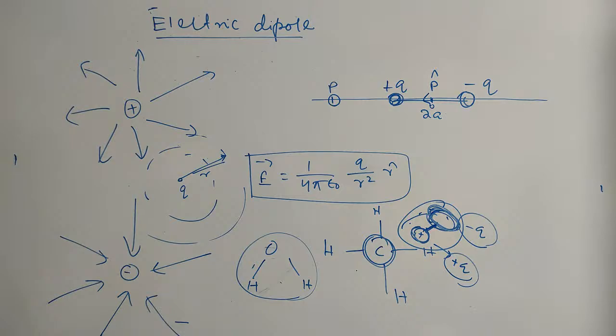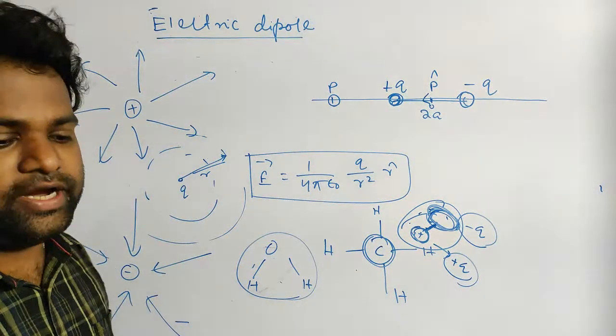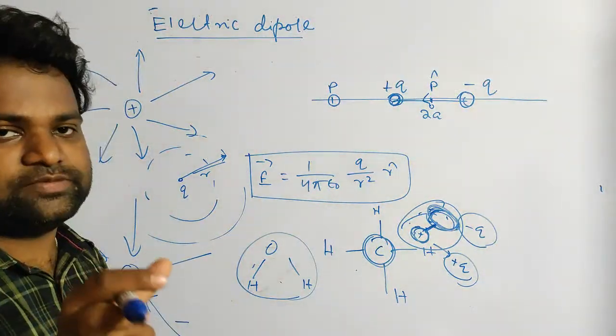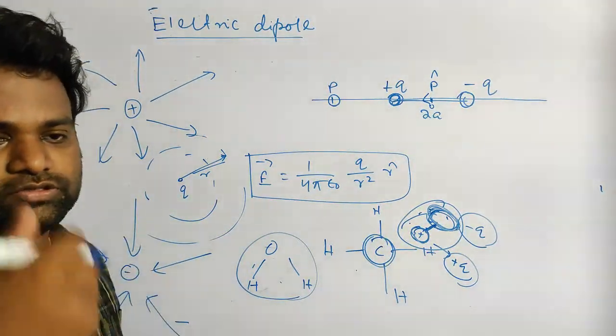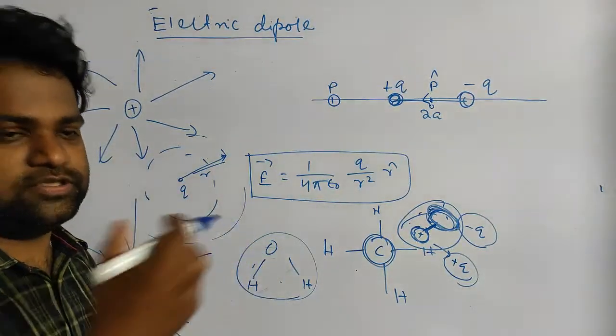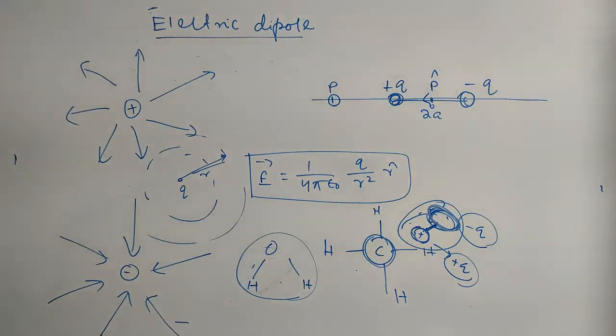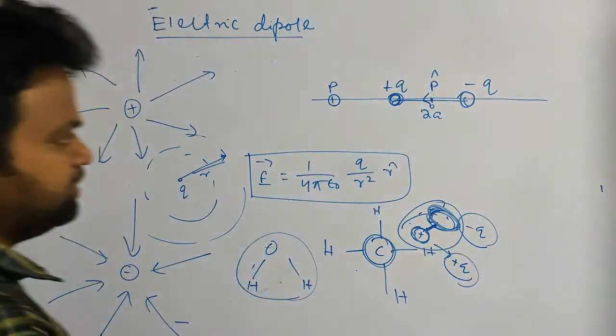Electrons are shifted to one direction, and the nucleus, the positive part, is shifted to another direction. So there is a distance between the total negative charge and the positive charge, and in this situation a dipole is created.